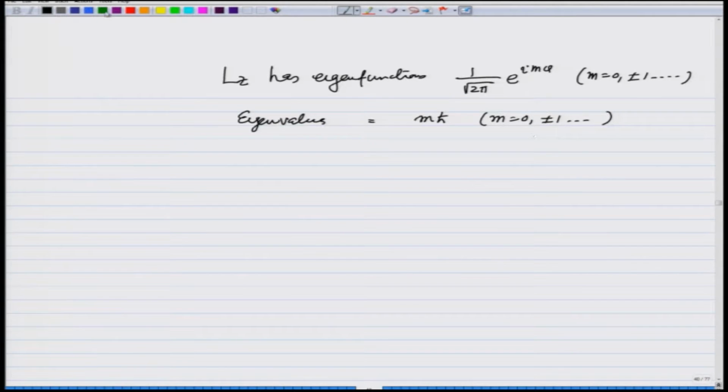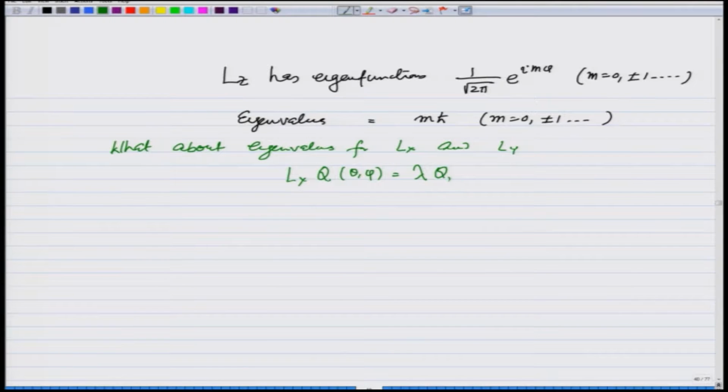What about eigenvalues for Lx and Ly? Suppose I were to solve Lx times some q, which will be a function of theta and phi both, equals lambda q of theta and phi.